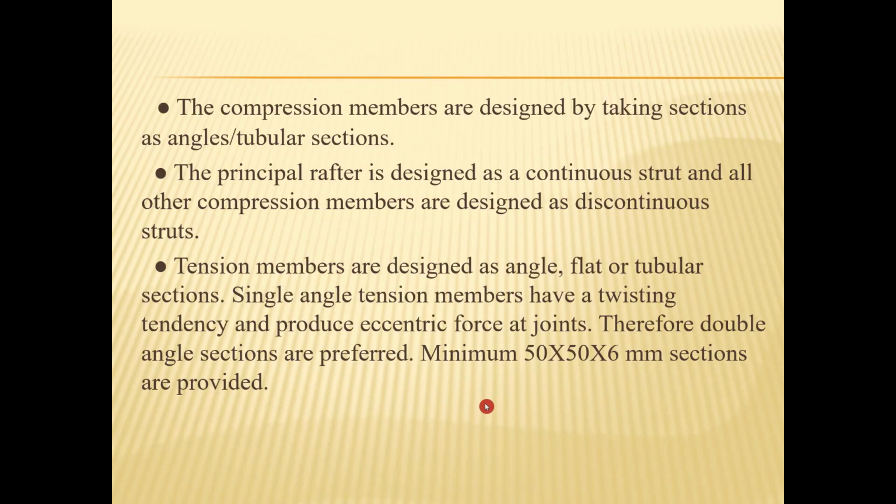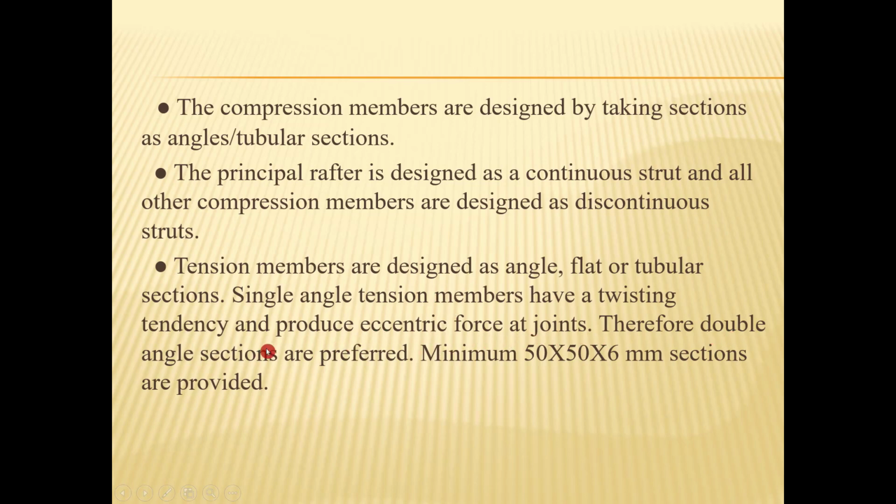The compression members are designed by taking the sections as angular or tubular sections. The principal rafter is designed as a continuous strut, and all the compression members are designed as discontinuous struts. Tension members are designed as angle, flat, or tubular sections, and single angle tension members have a twisting tendency, which produces an eccentric force at joints.